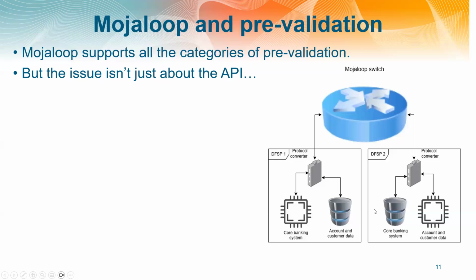Now, that means that not only does the Mojaloop switch need to be pre-validation aware, which of course is not too much of a problem, but the DFSPs or their protocol converters need to be also available.